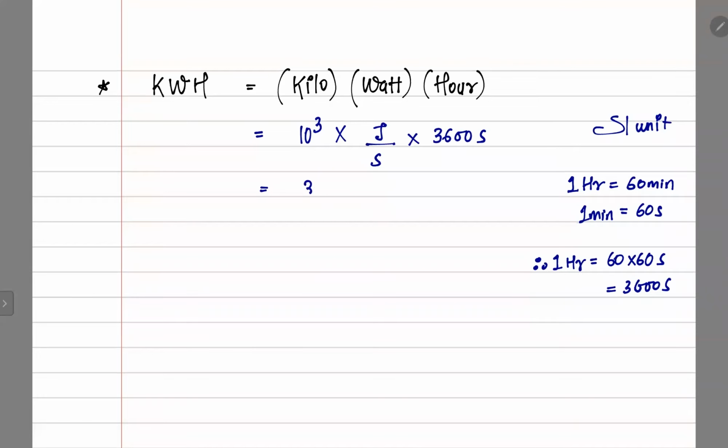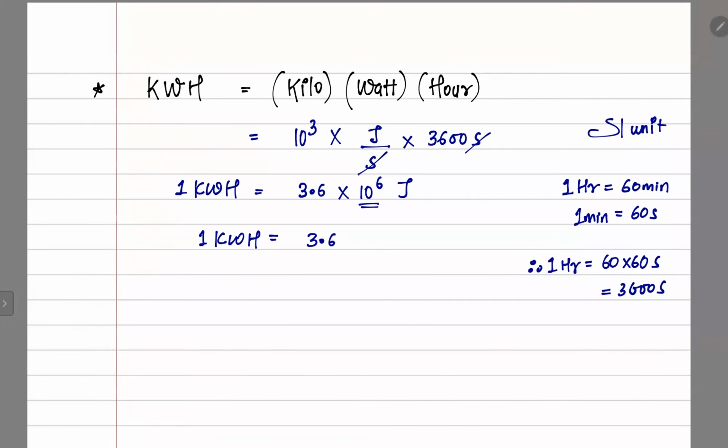So this will be 3.6 into 10 to the power 6. The seconds cancel and joule remains. So 1 kilowatt hour is equal to so many joules. I can also write that 1 kilowatt hour is equal to 3.6 into 10 to the power 6, where 10 to the power 6 is called mega. Mega is capital M, megajoules.